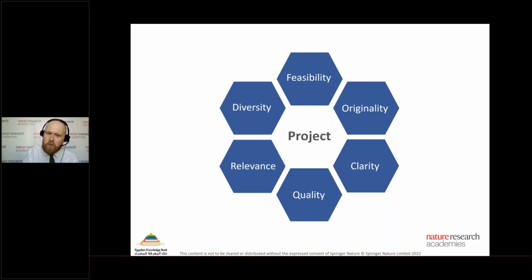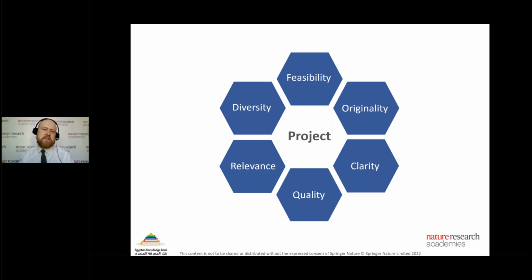So is your project relevant and important to your research community? But also they'll be thinking about diversity, and this is becoming a more and more common aspect of funding bodies' considerations. They'll be thinking, is this project diverse? Are you including a diverse range of researchers within your team, for example?